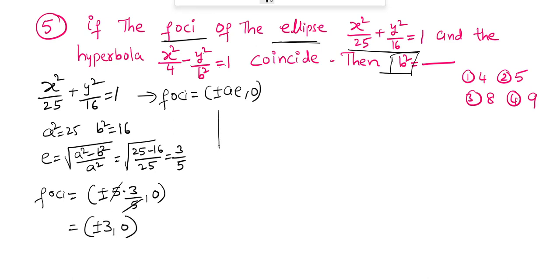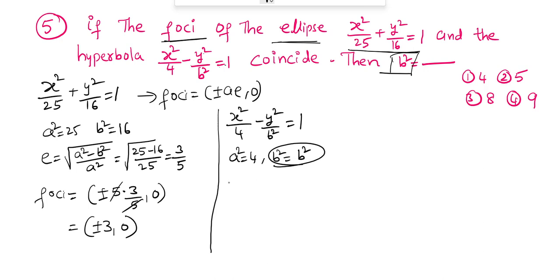This is the foci of the ellipse. The given hyperbola is x square by 4 minus y square by b square = 1. For this the foci are plus or minus ae, 0. Here a square is 4 and b square is as given. Now we find eccentricity E is equal to square root of a square plus b square by a square, that is 4 plus b square by 4.